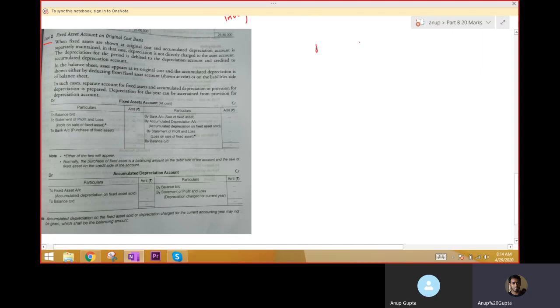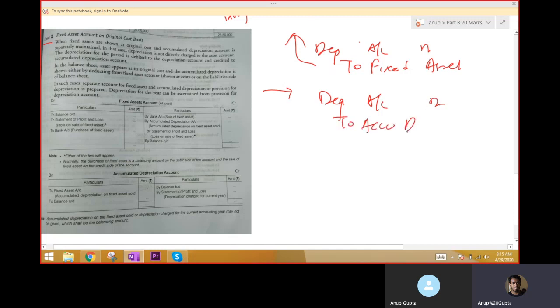Previously, what used to happen was depreciation account debit to fixed asset, because the asset was decreasing. But now, since they are maintaining original cost, in this case it will be depreciation account debit to accumulated depreciation account.